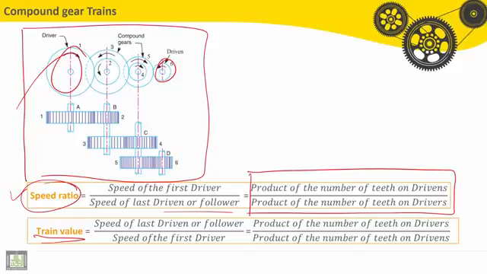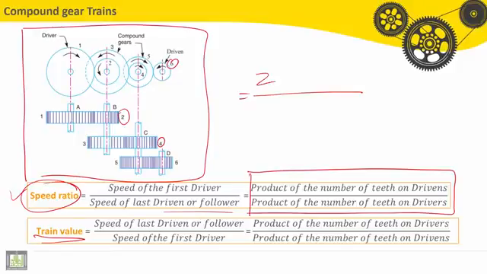Let's see here for this example, the speed ratio is equal to the product of the number of teeth on the driven gears. The driven gears here are number 6, number 4, and number 2.